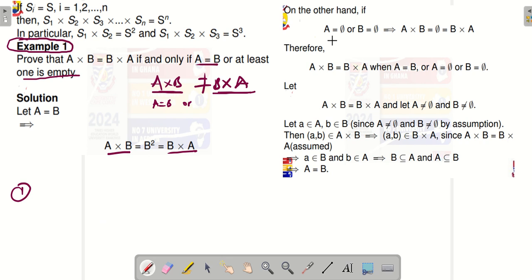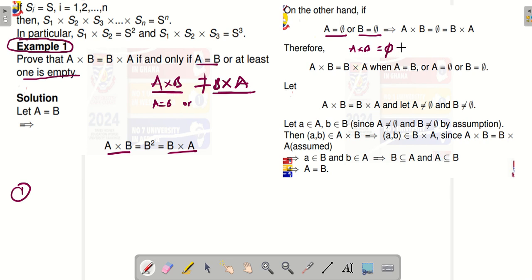So let A be an empty set, or let B be an empty set. If A or B is an empty set, then it implies that A cross B, because either A or B is an empty set, will also be an empty set.